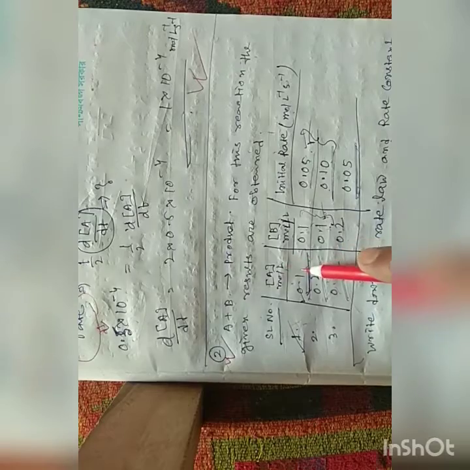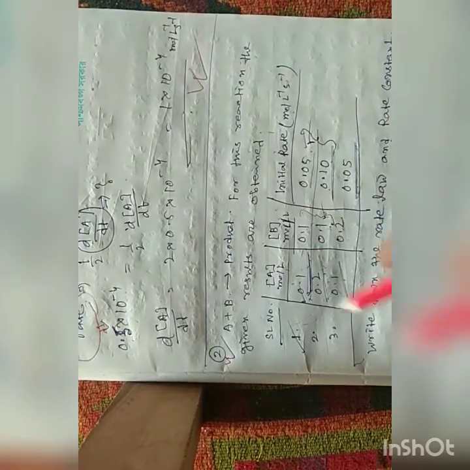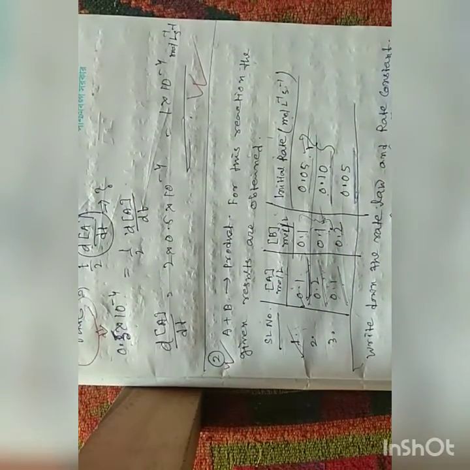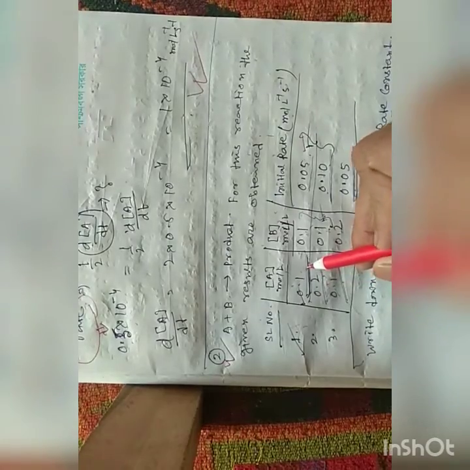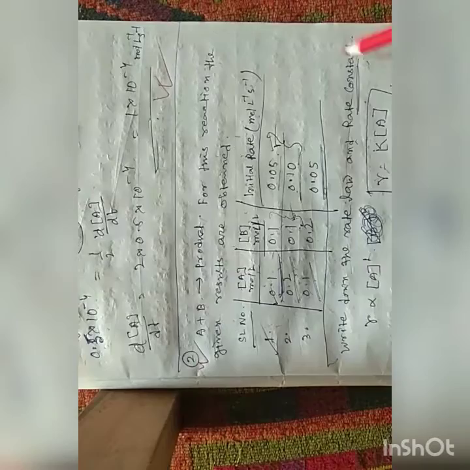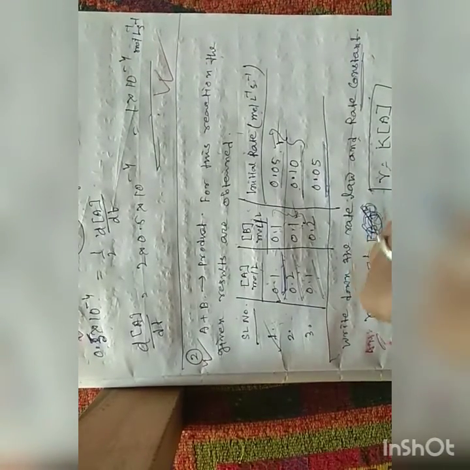This is the initial concentration of A and B and the rate of the reaction. So here we have to write down the rate law and calculate the rate constant.